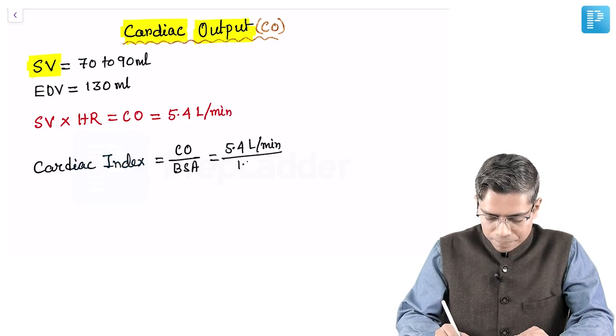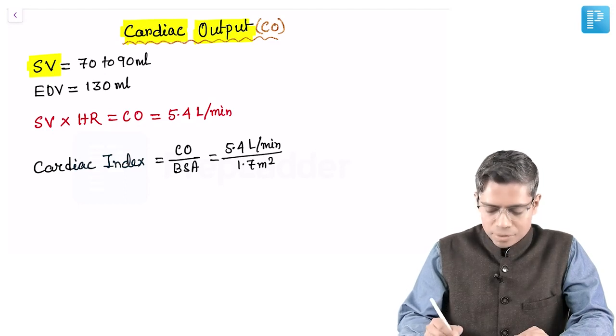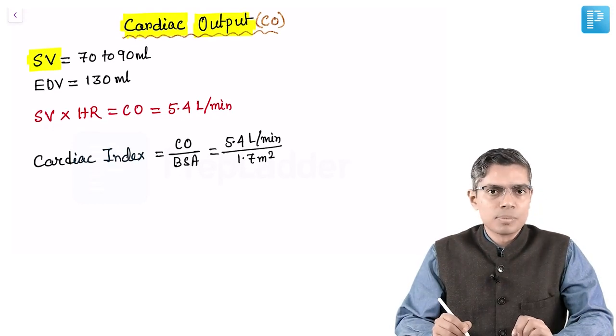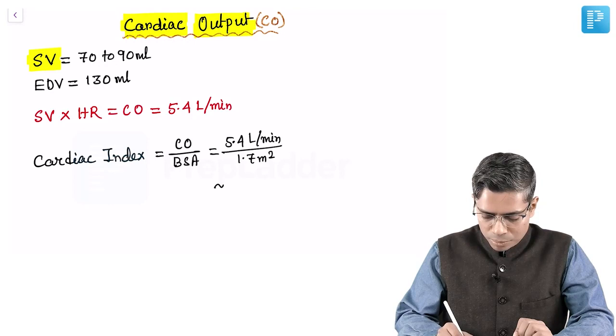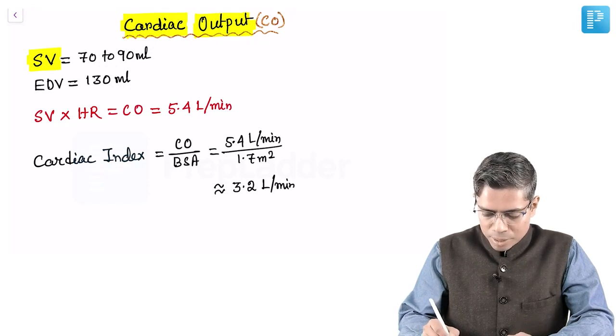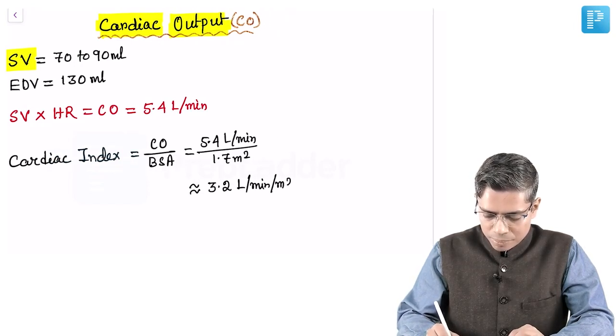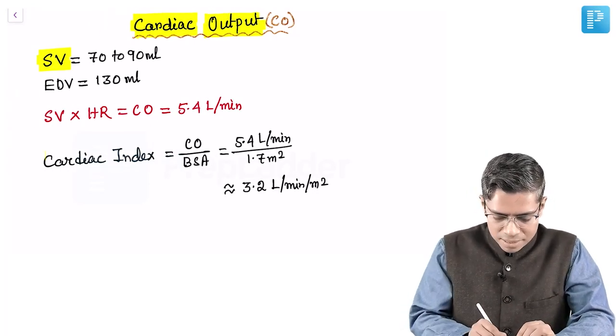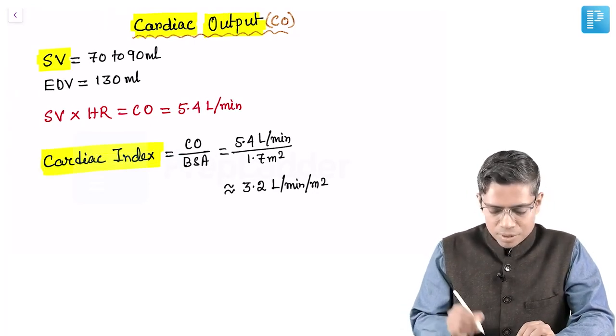And body surface area is 1.7 meter square. This is the value for a normal adult, 70 kg body weight person. So obviously the cardiac index has an average value of 3.2 liter per minute per square meter of body surface area, right? So you have to remember this cardiac index. Sometimes it can be given as an MCQ, right?